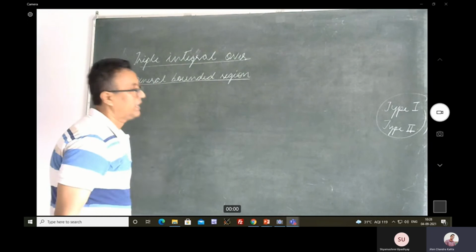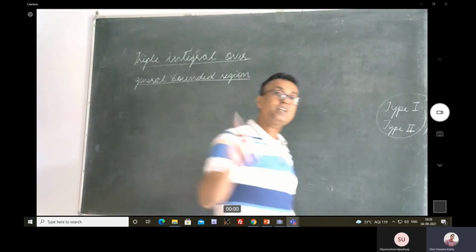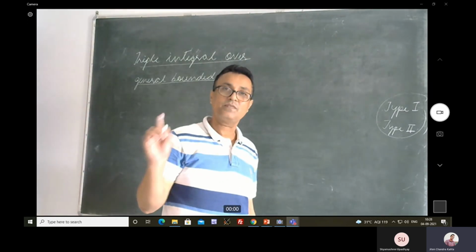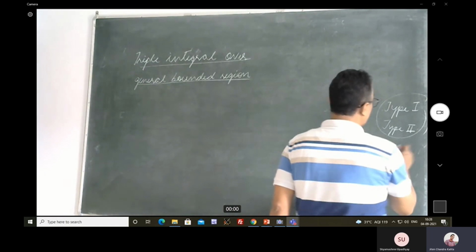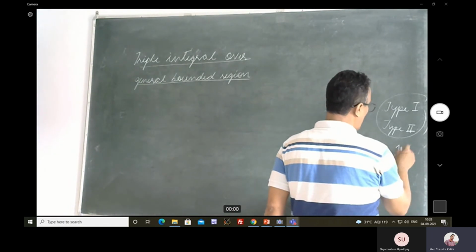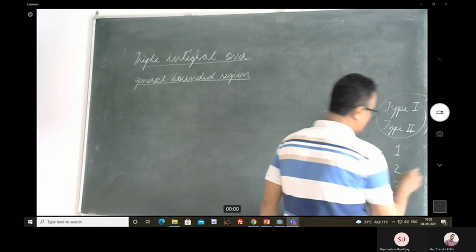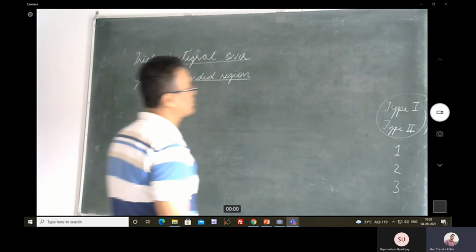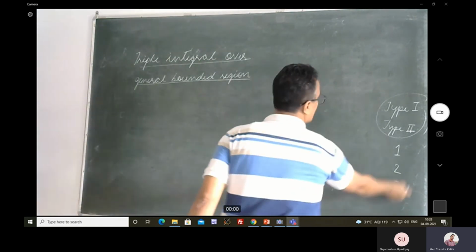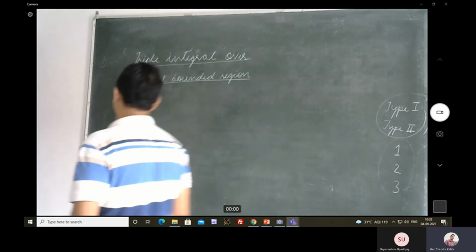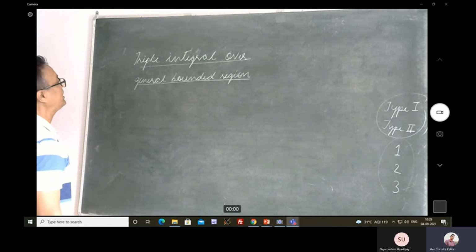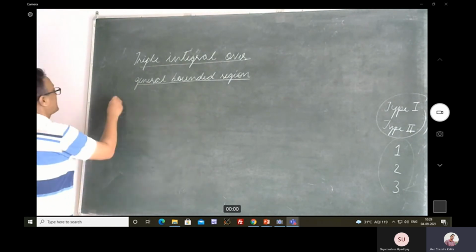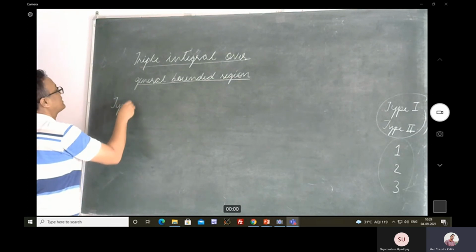So here again we are going to have three different types of regions, and we are going to designate them as type 1, 2, 3. We are not going to use Roman numerals, we are simply going to use Arabic notation. So how do you describe type 1, type 2, and type 3 in 3D?